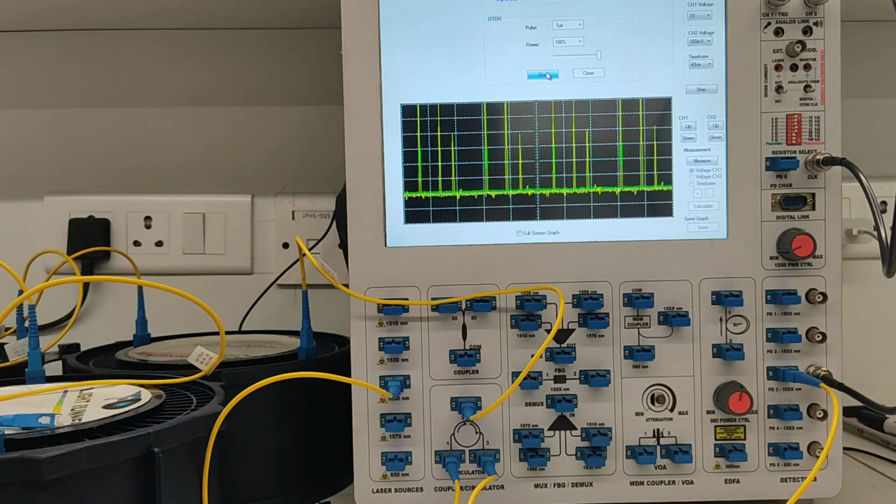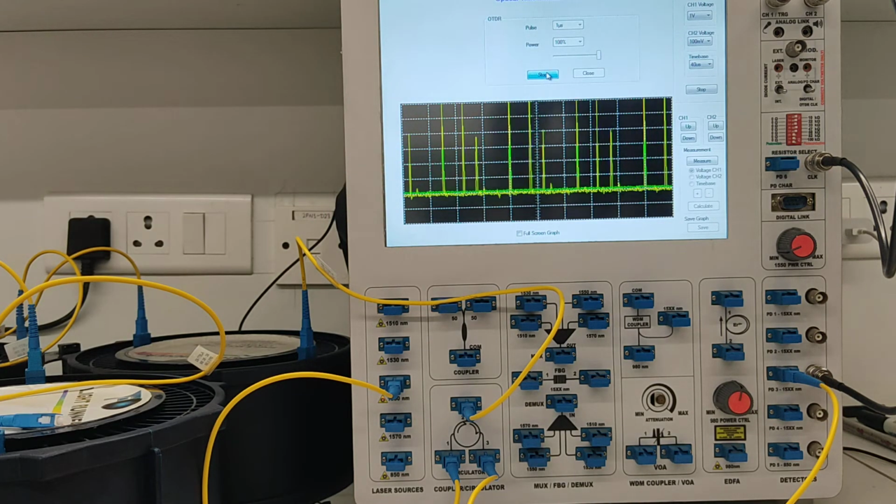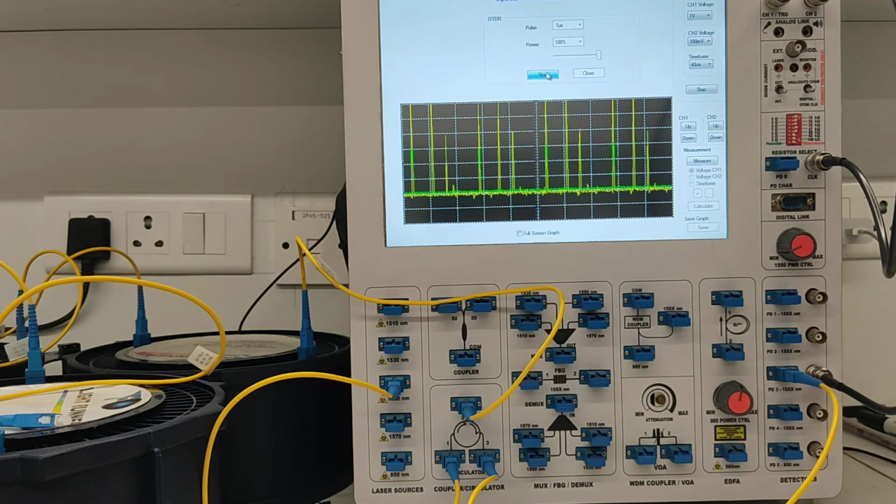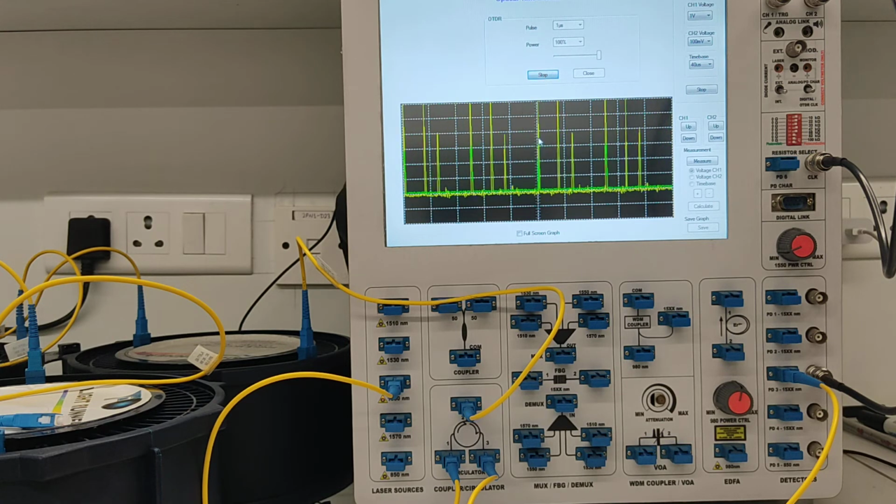Just give it a thought, because I already said something which will help you get this answer. This yellow curve is giving us the reflected beam after passing through 6 kilometers, but we are not using a single fiber of 6 kilometers. We are connecting 3 spools. Maybe you can think about why you are getting 3 peaks.